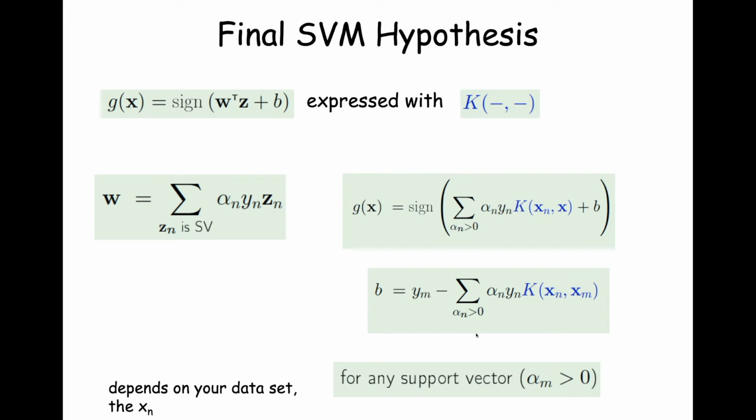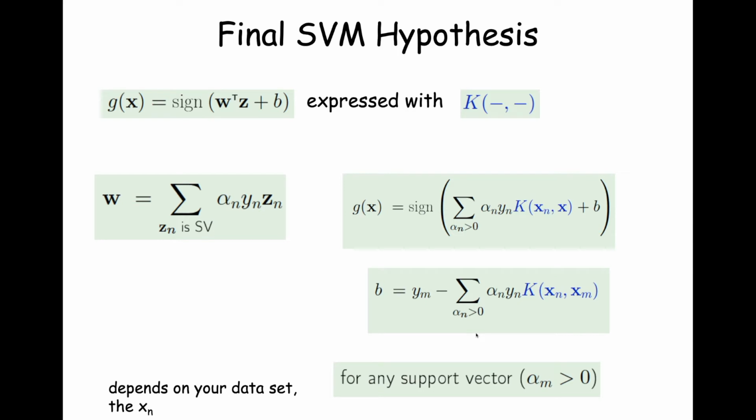Okay, so where we last left off, we talked about the final best hypothesis using a kernel, and we said that it's the same machinery, but you need this definition of the inner product in this feature space, Z, and that inner product is implemented by the kernel. And so when you get the final best hypothesis in Z space, sign of W transpose Z plus B, well, that W is defined as a result from the primal formulation.